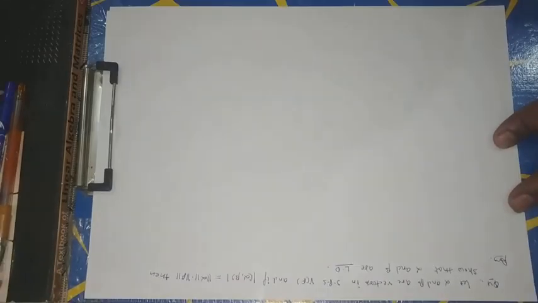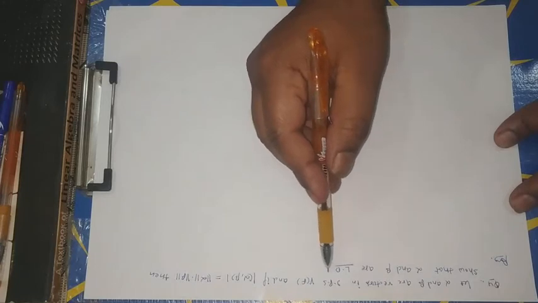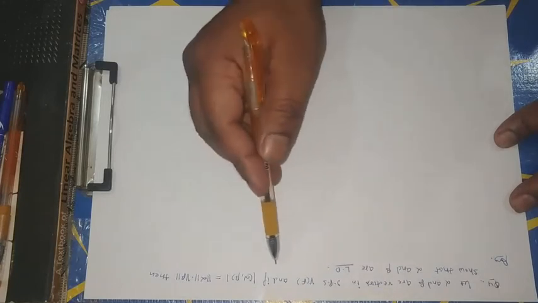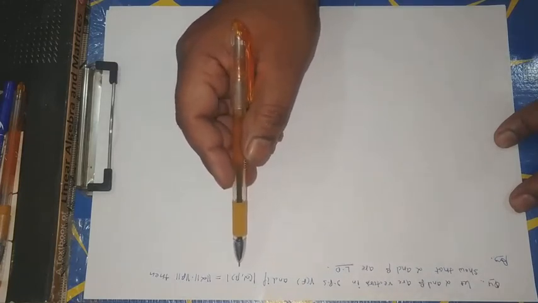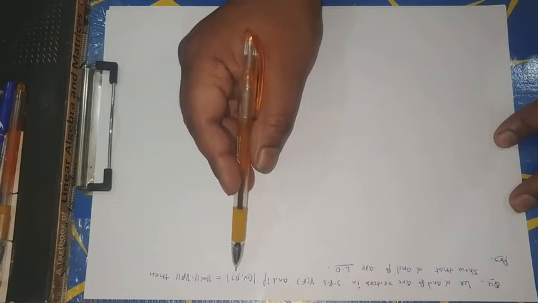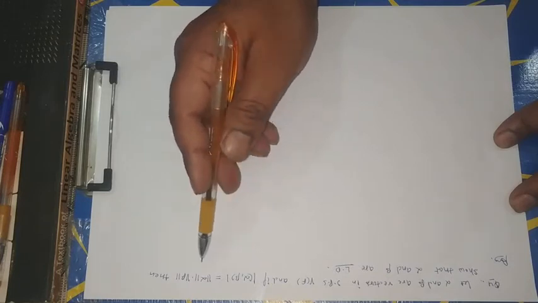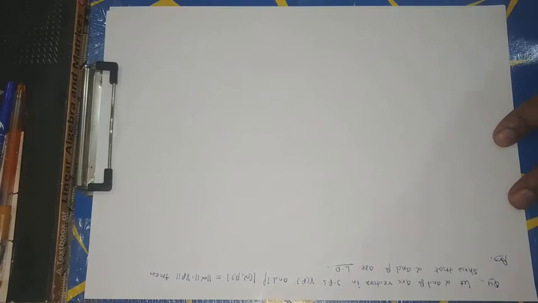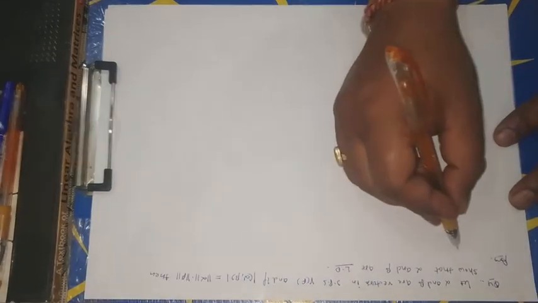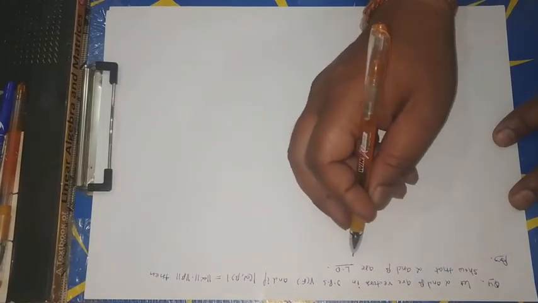Now repeat the question. Alpha and beta are vectors in inner product space V(F), and if the modulus of the inner product of alpha with beta is equal to alpha norm into beta norm, then show that alpha and beta are linearly dependent.